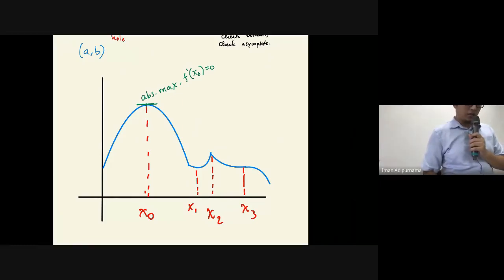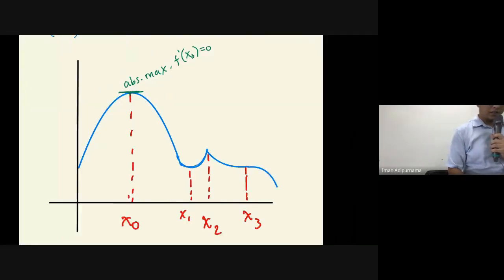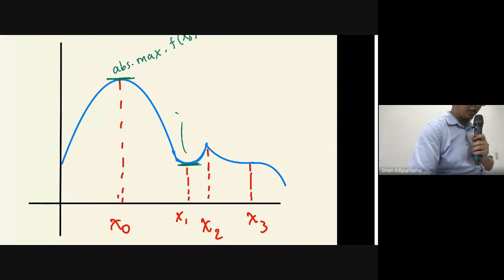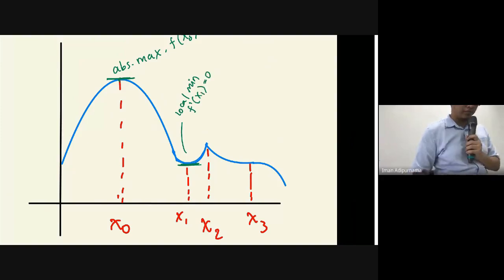And then x1, maybe it's not really clean, but it's actually like that. This also has a horizontal gradient, but because it's not the lowest, I will write here local minimum. f prime of x1 is also 0.